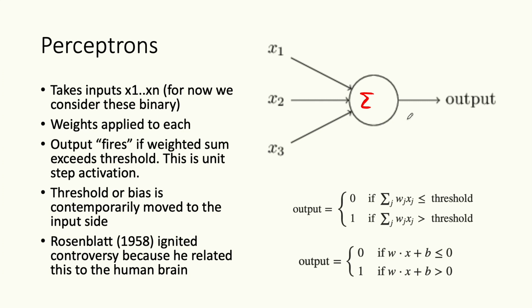And if this sum is above a certain threshold, then the output goes high, in other words becomes 1. And if it's below that threshold, then it's 0. So it's basically a step activation function. This is your sum of all x_i, sum over i.